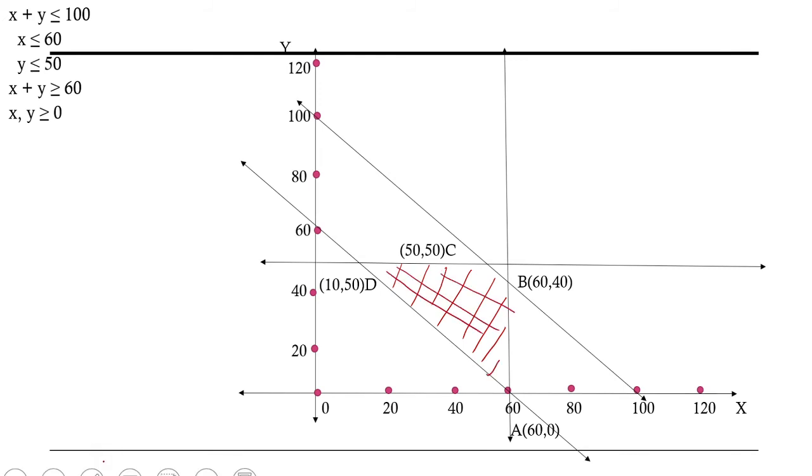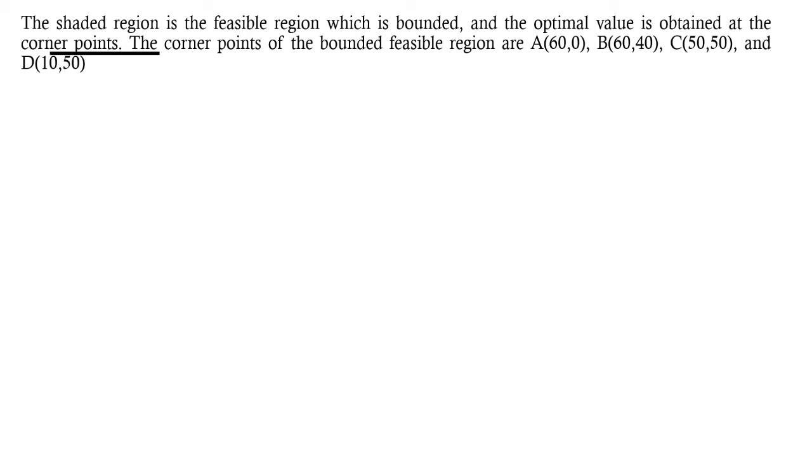The next step and the last step is to find the optimal value by drawing a table, and we have to write the corner points also. We have to write the shaded region is the feasible region which is bounded and the optimal value is obtained at the corner points. The corner points of the bounded feasible region are A 60, 0, B 60, 40, C 50, 50 and D 10, 50.